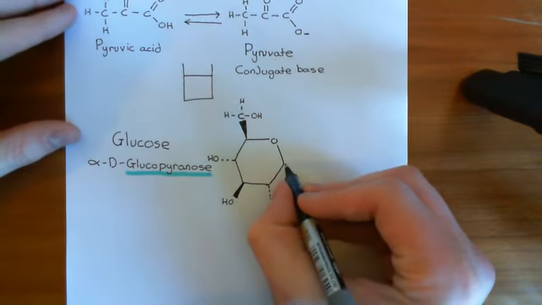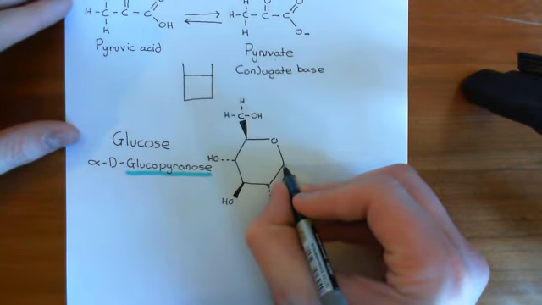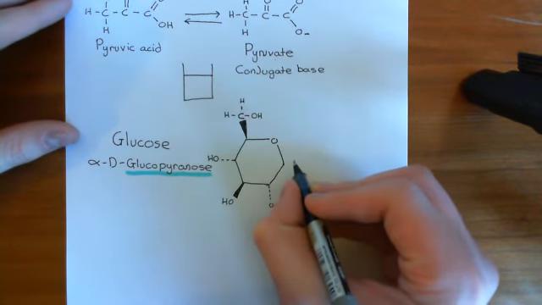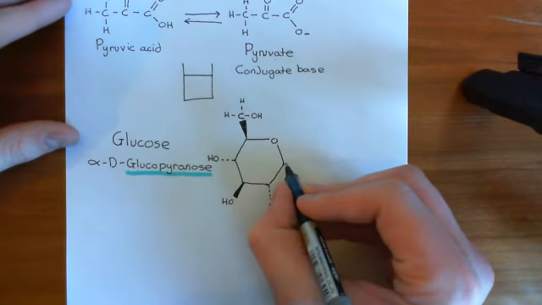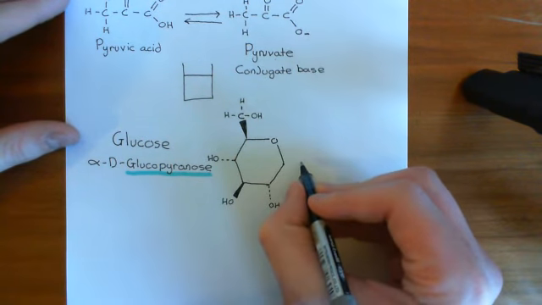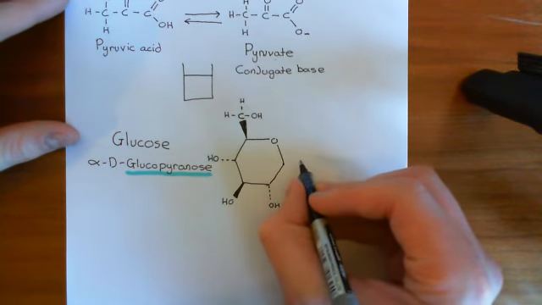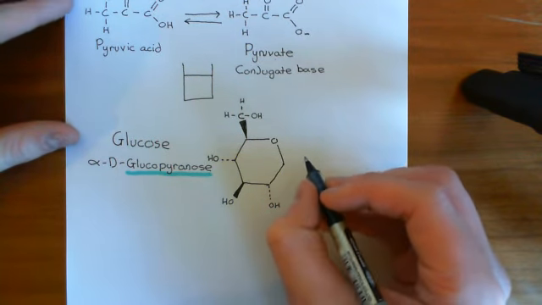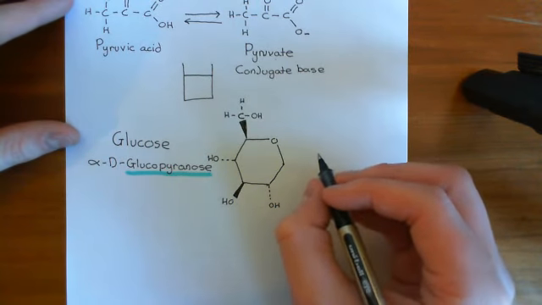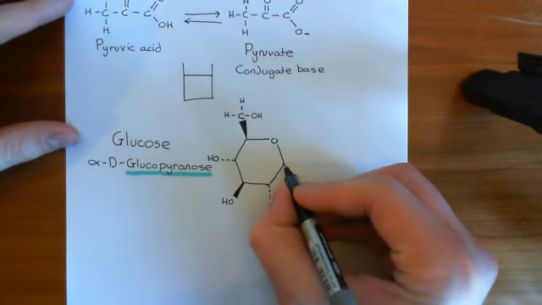Now, there is also the question of the alcohol group that comes off this first carbon and the hydrogen atom that also comes off here. Either you can have the alcohol group coming out of the page towards us and the hydrogen going into the page away from us, or you can have it the other way around. The alcohol group goes into the page away from us and the hydrogen comes out of the page towards us. Now this is what this alpha refers to.